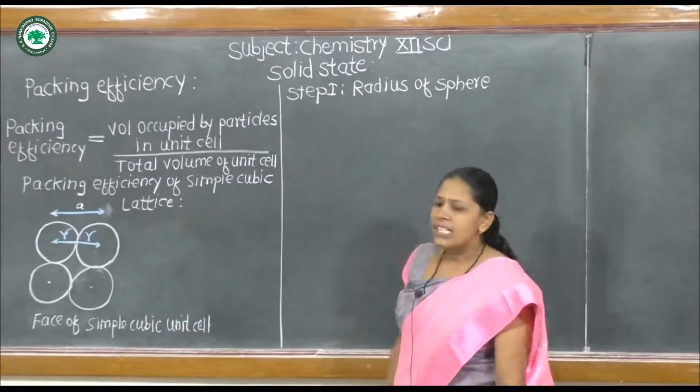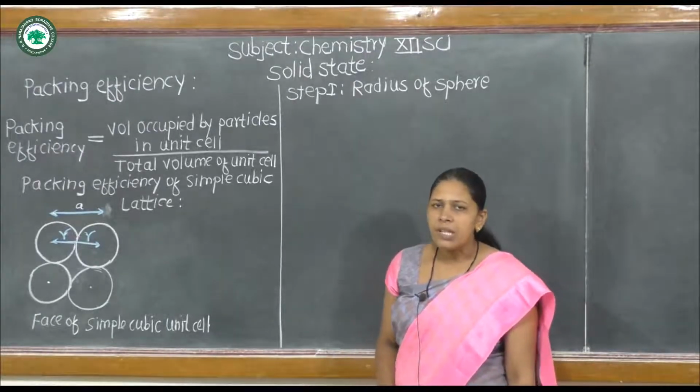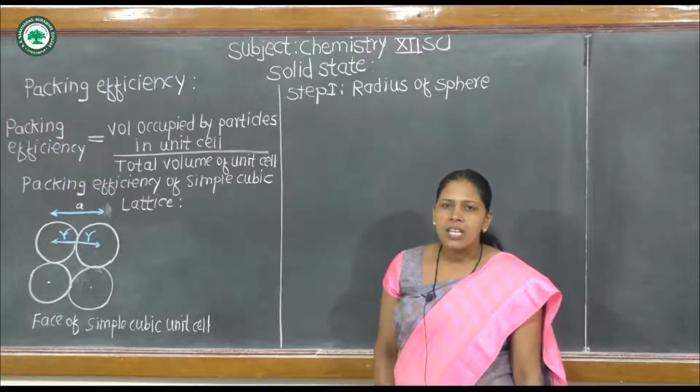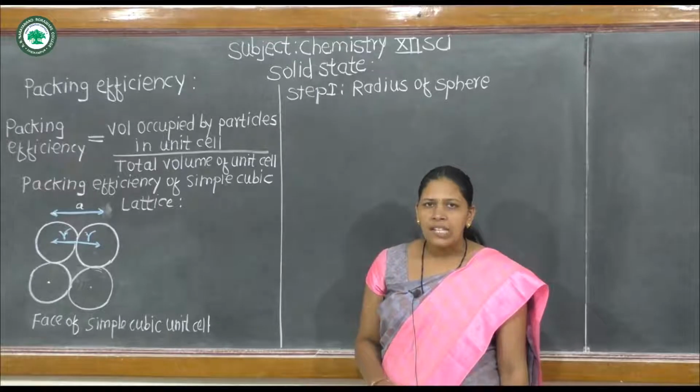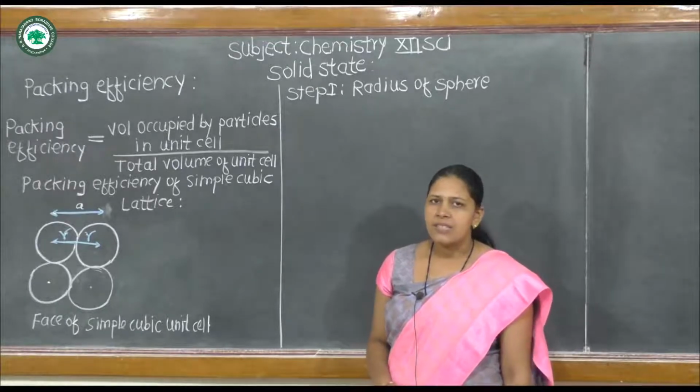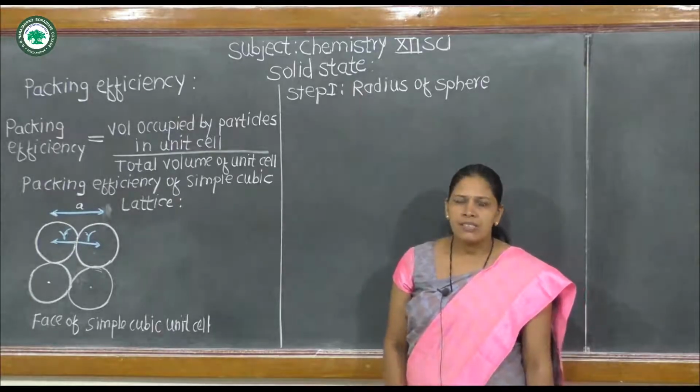As indicated in the diagram, in a simple cubic unit cell there are particles only at the 8 corners, that is, it consists of only one particle.